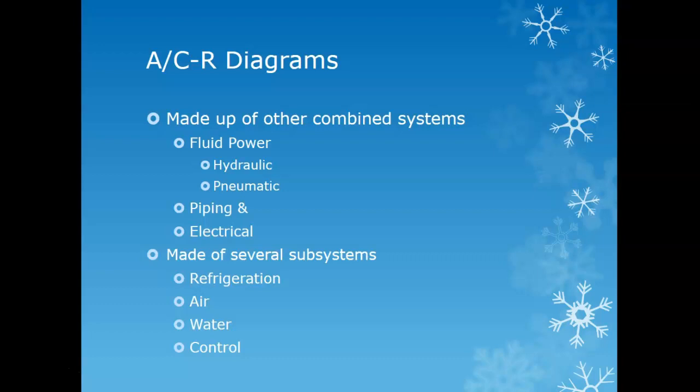Piping, you have got to move everything to some place or another, right? If only through the ductwork. Then you have the fluid power, which we've basically been talking about this whole time. Hydraulics would be working with that liquid Freon. Okay, pneumatics would be working with the aerosolized Freon, right?